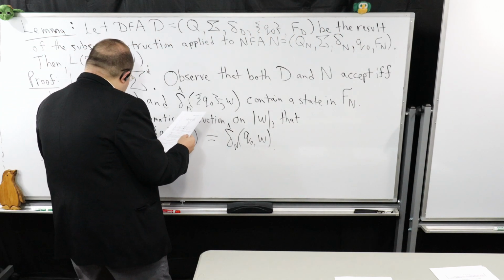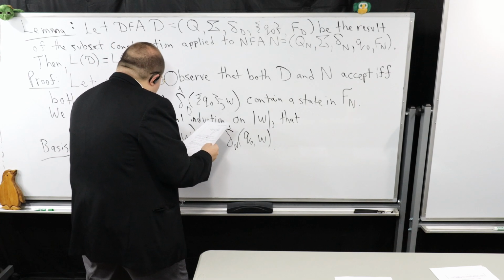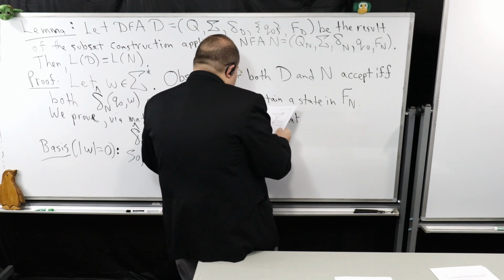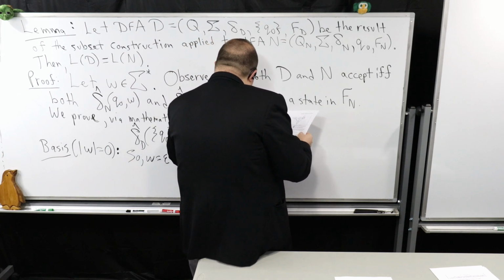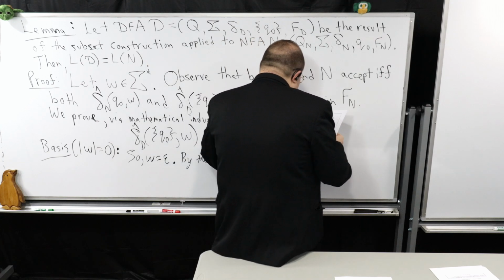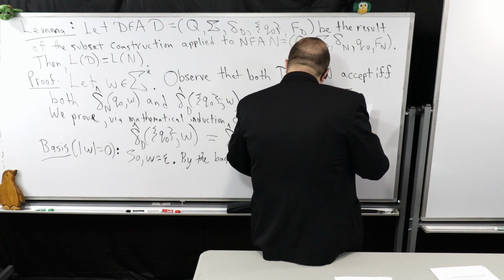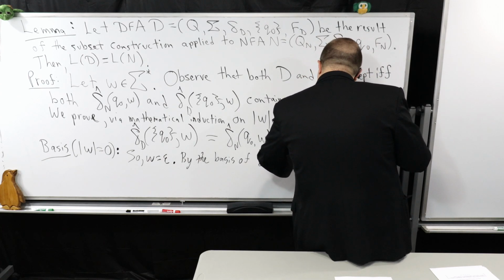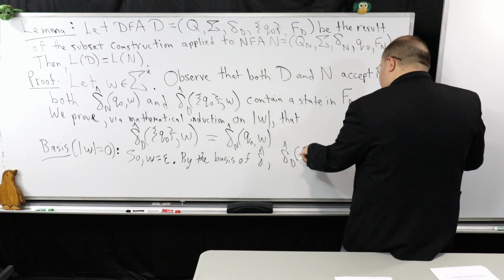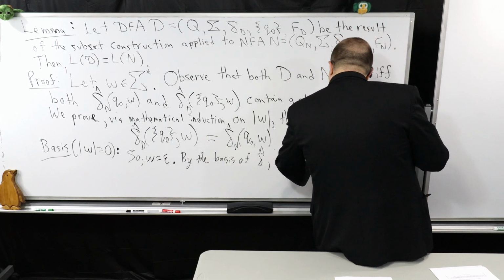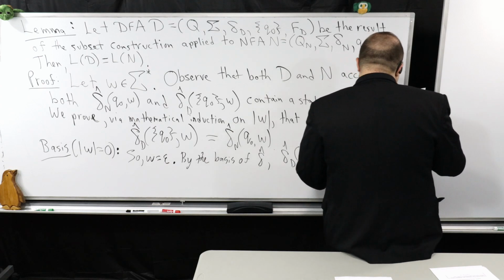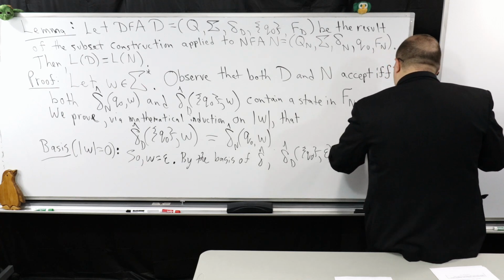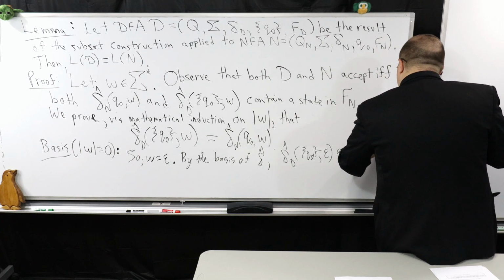So W equals the empty string. By the basis of delta hat of D, delta hat D, I get Q0, the state Q0 with the curly braces, of epsilon, and delta hat of N, Q0 epsilon.